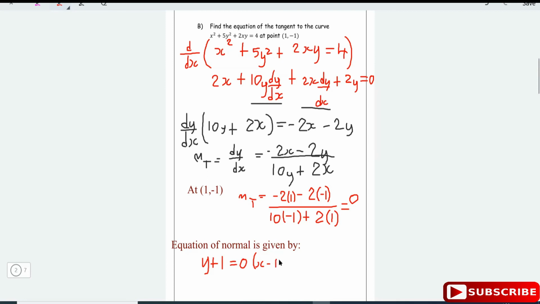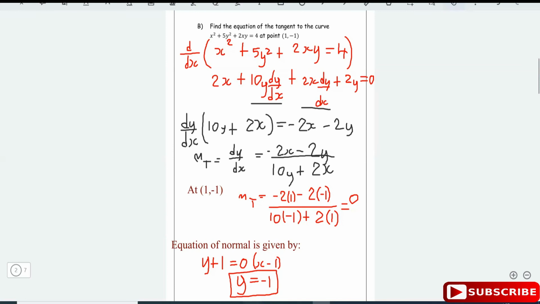And so really and truly, the line will just be y equal negative 1. That will be the equation, y equal negative 1. If I made y the subject, easy. So that's it.